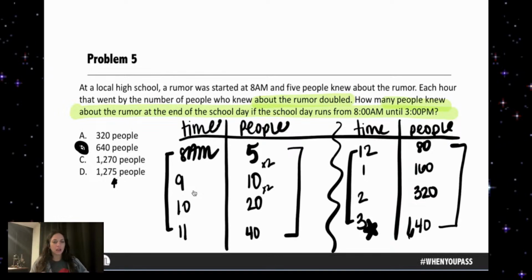At 9 o'clock, the total number of people who knew went from 5 to 10. So 10 people knew about the rumor. And then from 9 to 10, it doubled the number of people who knew, not the number of people being added to the number of people that knew. Does that make sense?